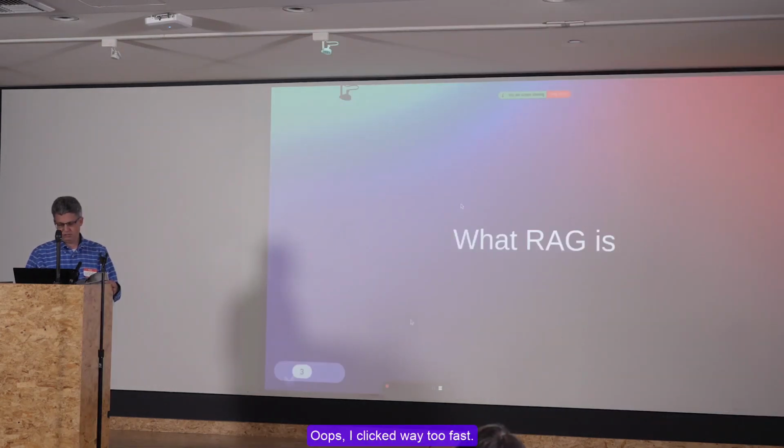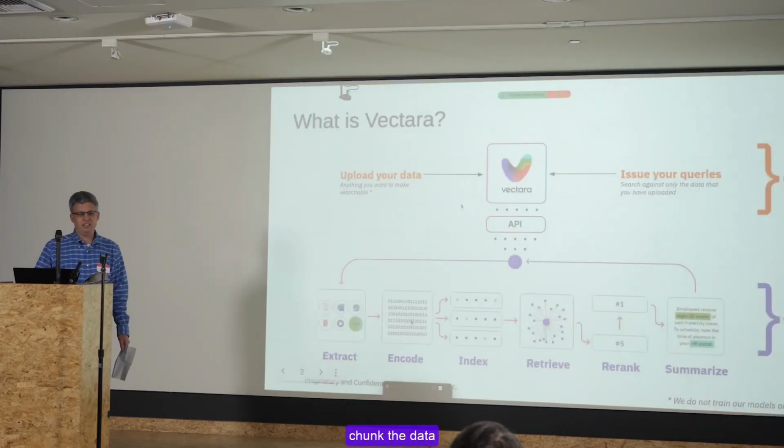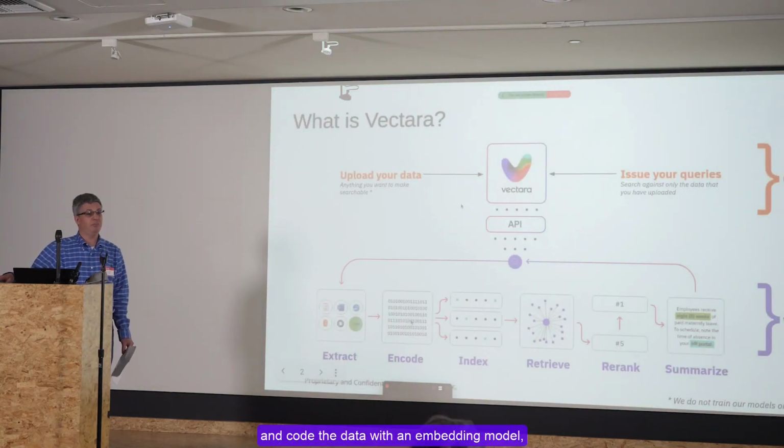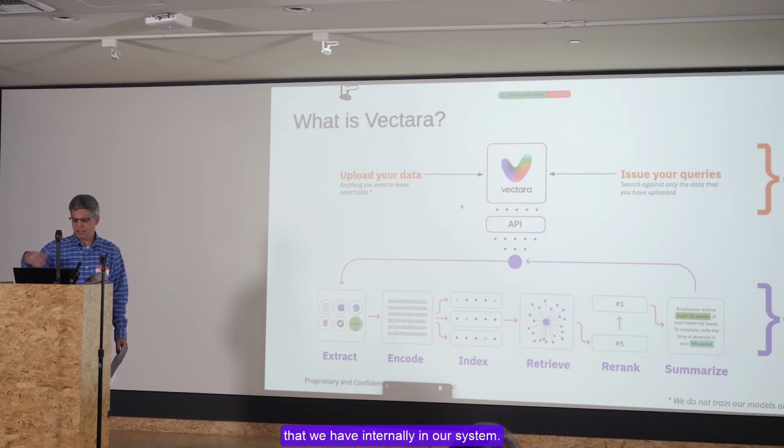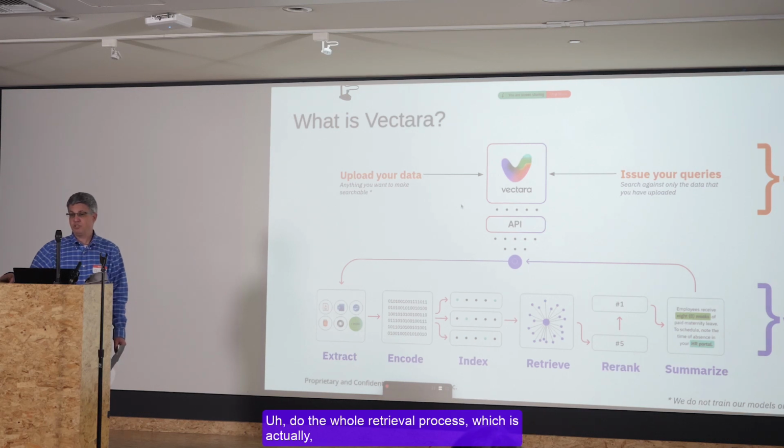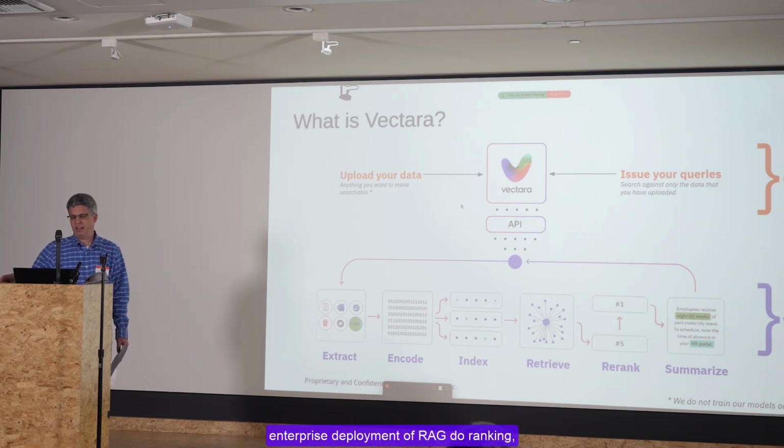Chunk the data, encode the data with an embedding model, which we'll talk about today. Index the data in a vector database that we have internally in our system. Do the whole retrieval process, which is actually quite complex when you move from a small POC to a large enterprise deployment of RAG. Do re-ranking, do the summarization, all of that happens.